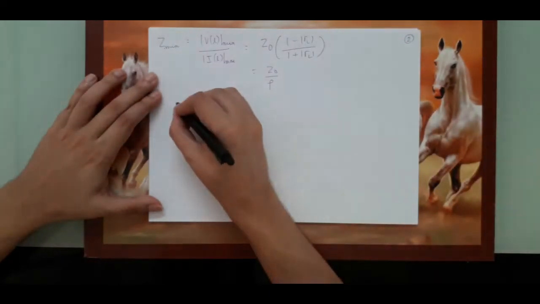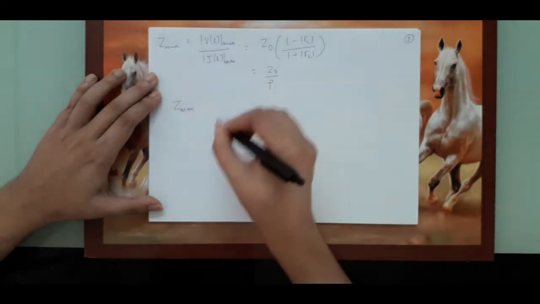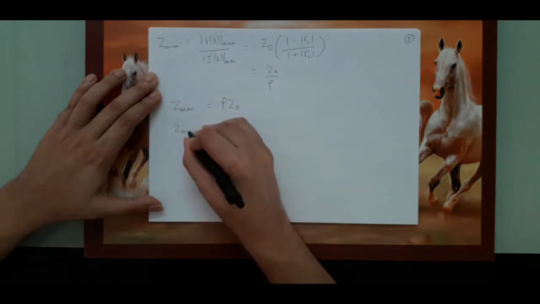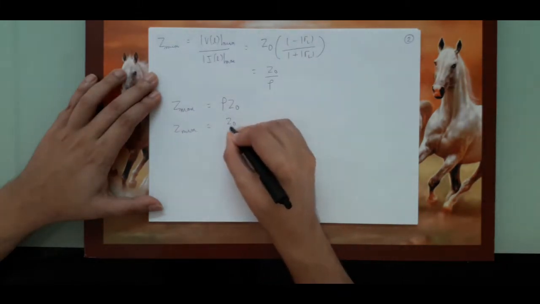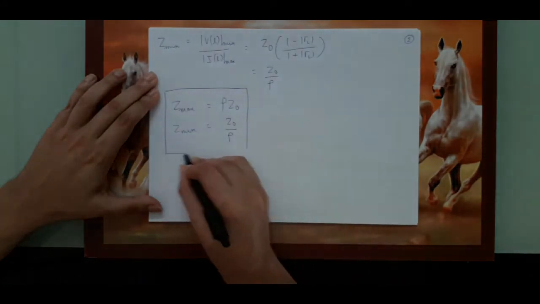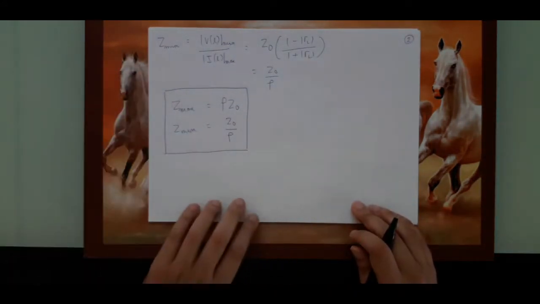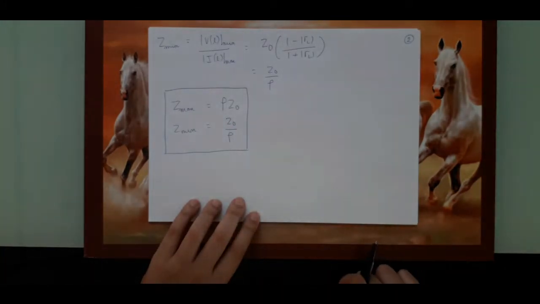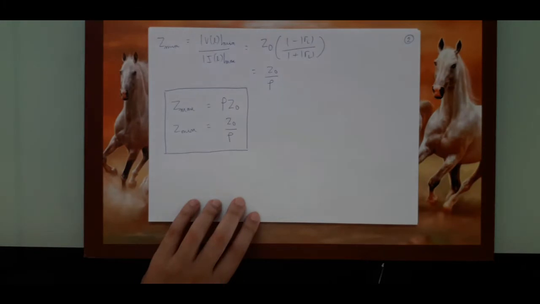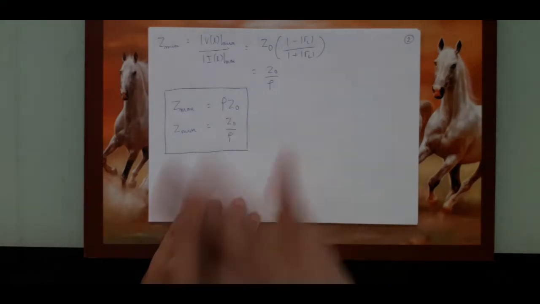So to summarize this part of our discussion, if you know the VSWR, you can very easily find out what is the maximum and minimum impedance that the line can see at any point. It is that easy.